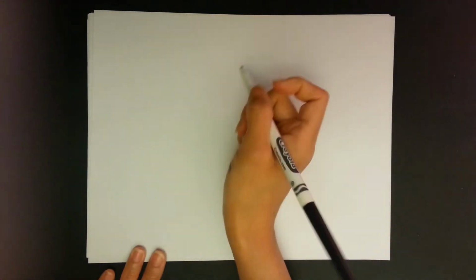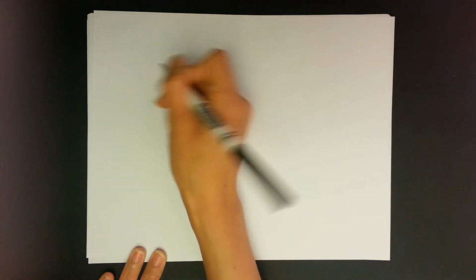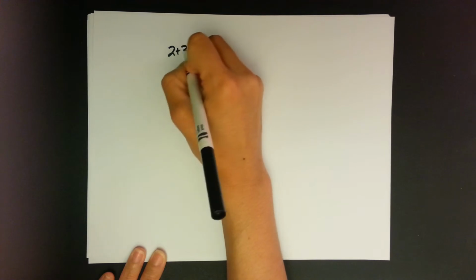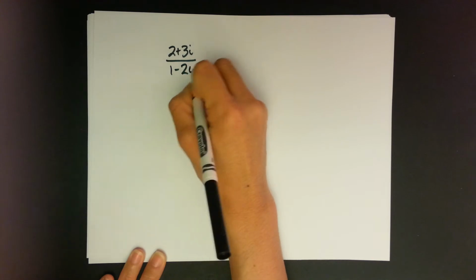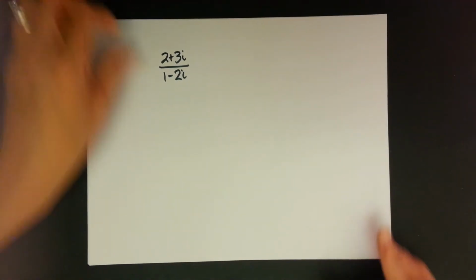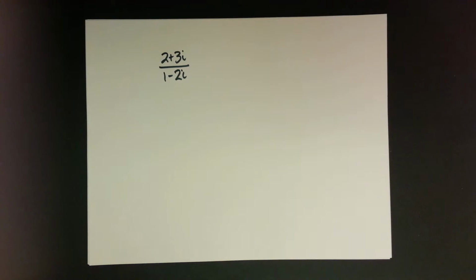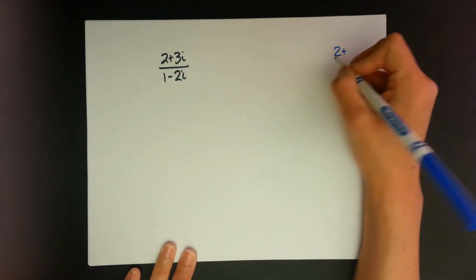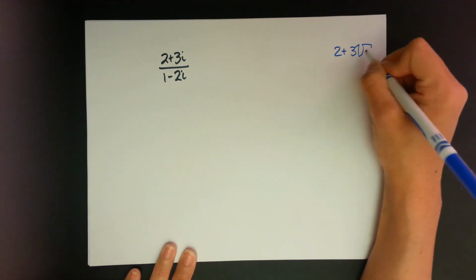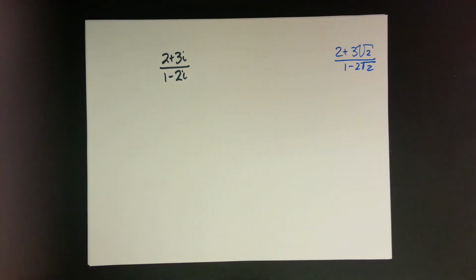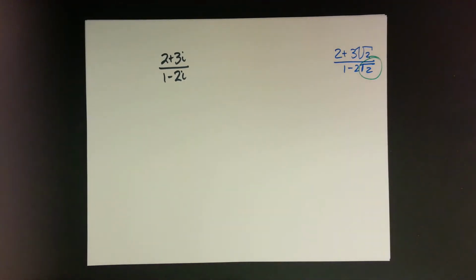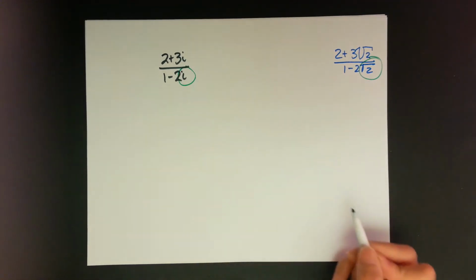Now, we took this idea and actually had stuff like a rational or complex number here. We had division, right? And much like I would not like something that looks like this, and I would not like a root in the denominator, I'm not going to want an i in the denominator.